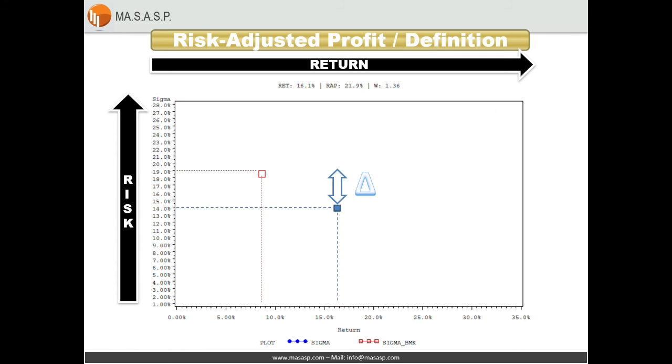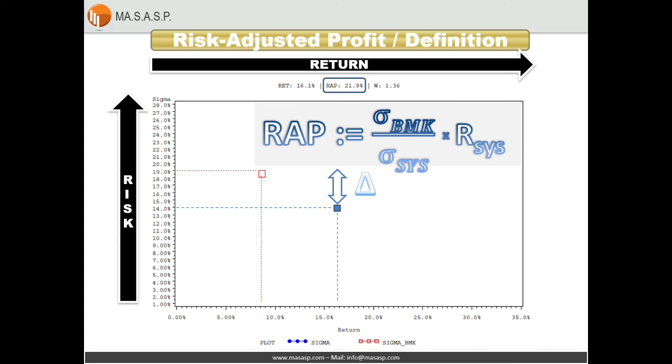The ratio of the benchmark volatility to the system volatility is the multiplication factor employed in the risk-adjusted performance formula. The return of our system is adjusted by means of this factor.